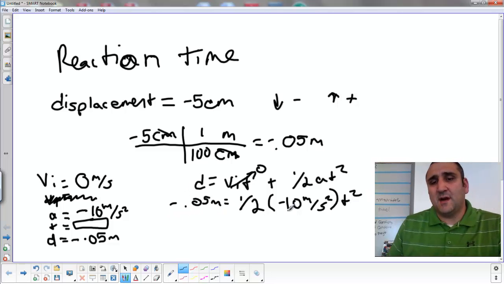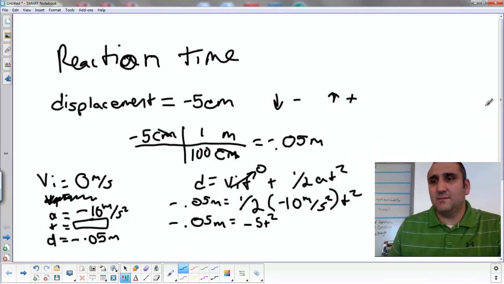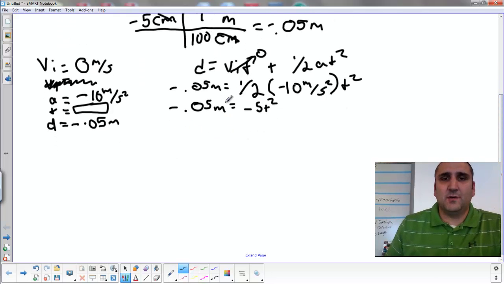So, I gave the kids the option of dividing by 1/2. For me, I think it's easiest to just distribute this 1/2. So you're going to see negative 0.05 meters equals negative 5t squared. And I usually am much better about carrying the units through, but just for you, let's just deal with the numbers. So divide both sides by negative 5.